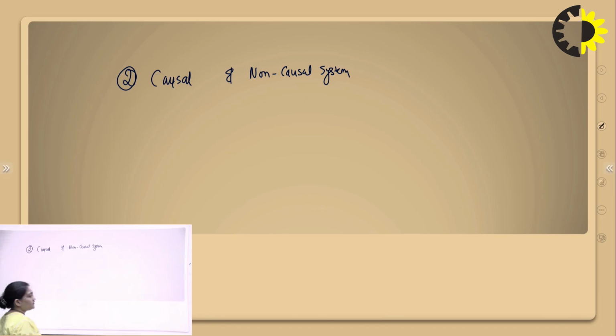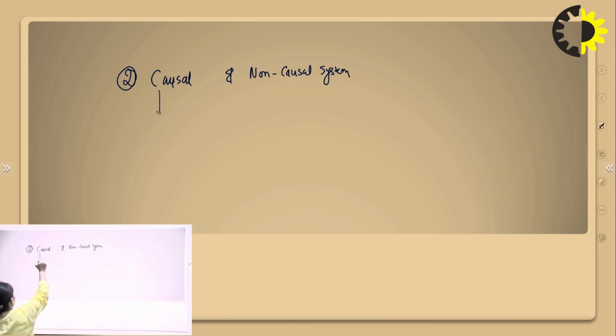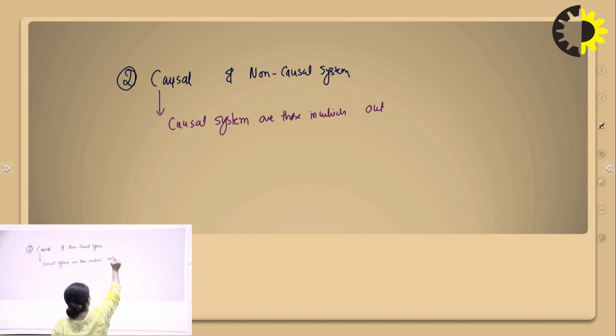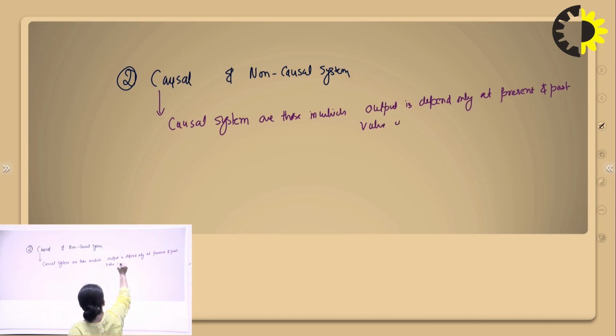Second category: causal systems are those in which the output depends only on the present and past values of the input.